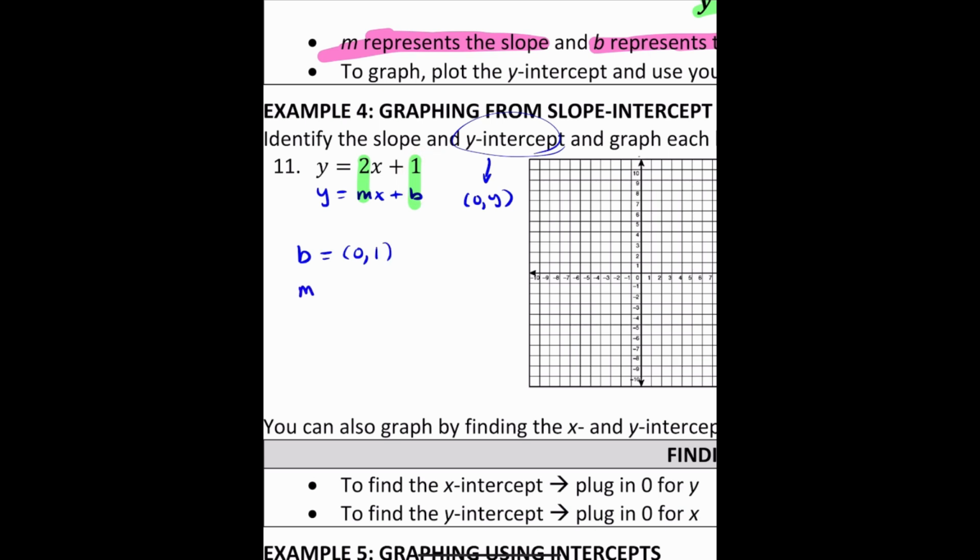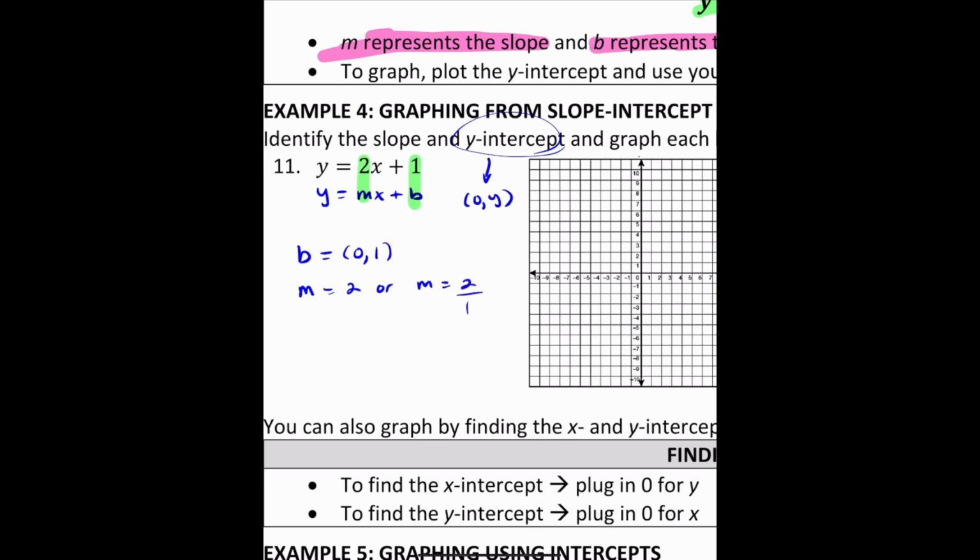And for the slope, we have 2, which implies that this is 2 over 1. So m equals 2, or m equals 2 over 1.